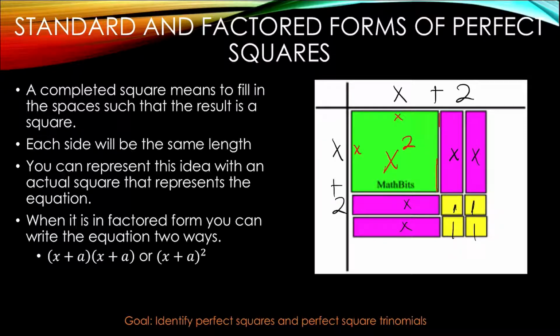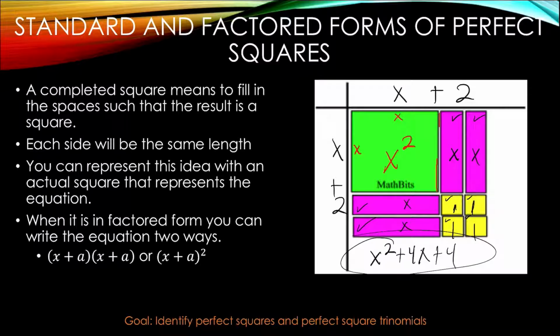And so when I find the area, I would say, well, how many x squareds do I have? I have 1 of them in the green. I have 1, 2, 3, 4 x's, and I have 1, 2, 3, 4 of the yellows. So right here would be my standard form of the quadratic, okay?